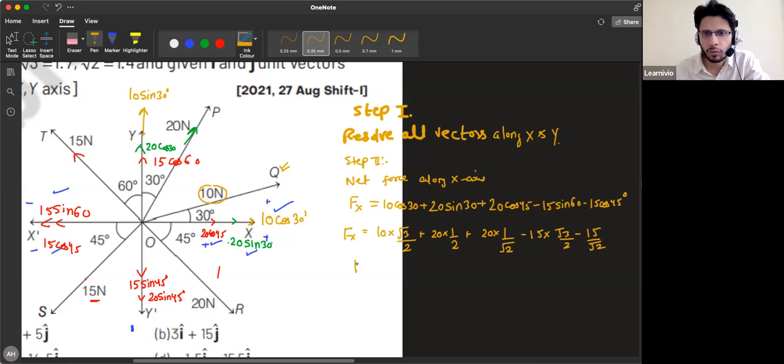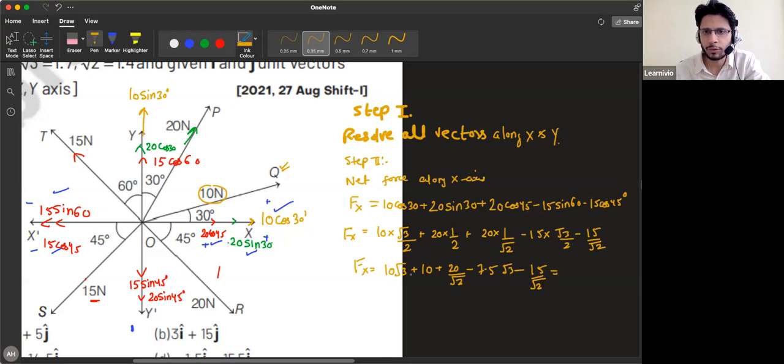So if I want to simplify it, this is 10 root 3 plus 20 into half is 10, plus 20 by root 2, minus 15 by 2, so it's 7.5 root 3, minus 15 by root 2.